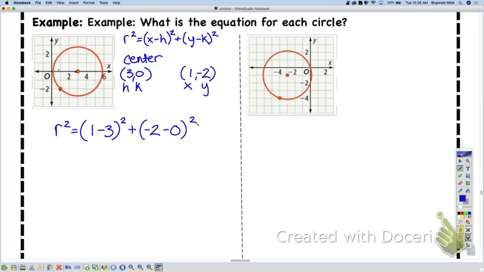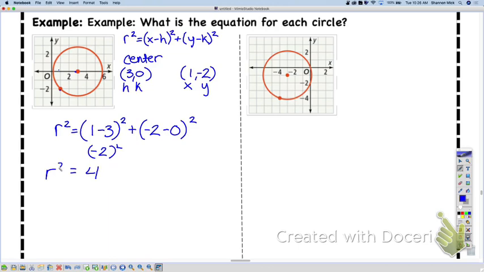Let me get those right. Okay, so 1 minus 3 is negative 2, so -2 squared is 4.